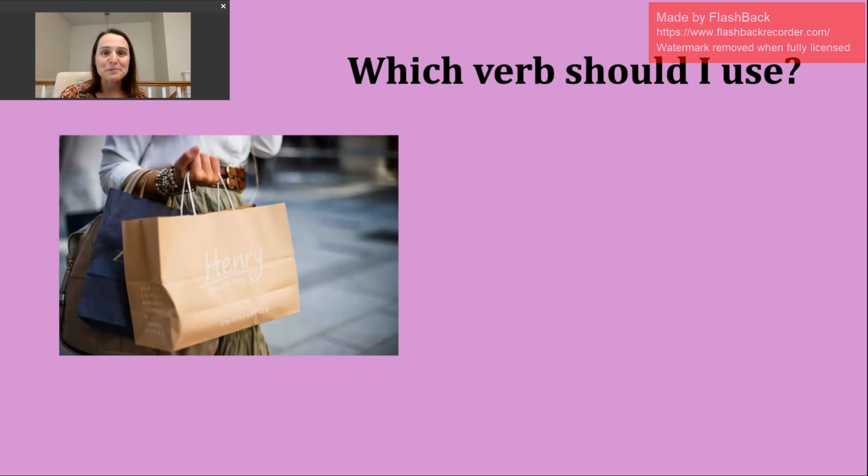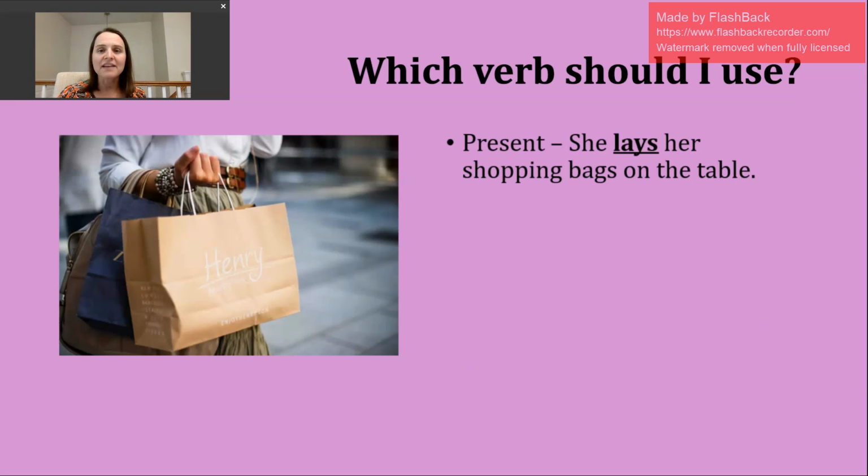And that's going to become important in a moment. So I have another picture for us to look at. And imagine the person you see in this picture has many, many shopping bags and they are very heavy. Okay, so now in this case, if I want to describe what either happens or is going to happen or did happen, again, I'm going to think about that.